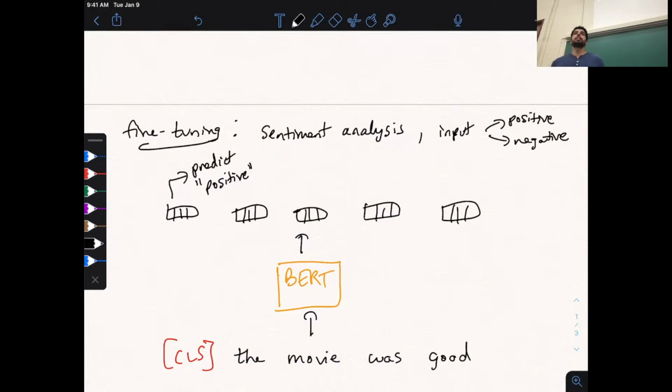So if you look at this, you might be wondering, we're just putting this classifier over the very first token representation in the sequence. Does the model even have information about the full sentence in this vector? So does this vector over here encode information about this full sentence? Any ideas?